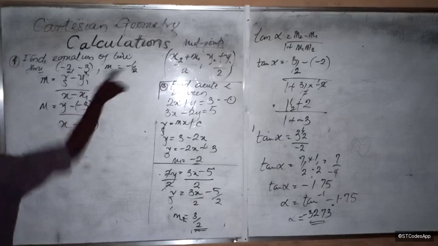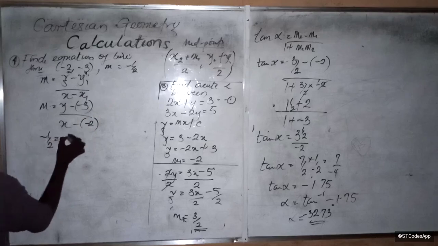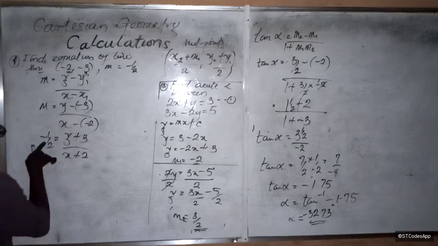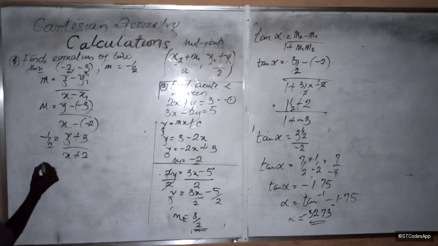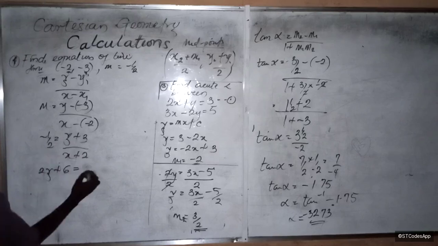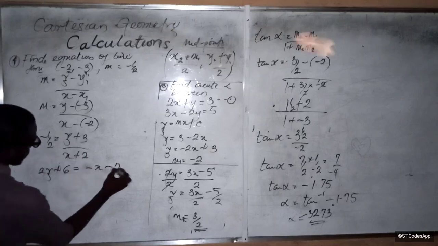So our gradient is giving us minus half. So minus half will be equal to y plus 3 over x plus 2. So when we cross multiply, we are going to have 2y plus 2 times 3, 6 is equal to minus 1 times x plus 2, which gives minus x minus 2.